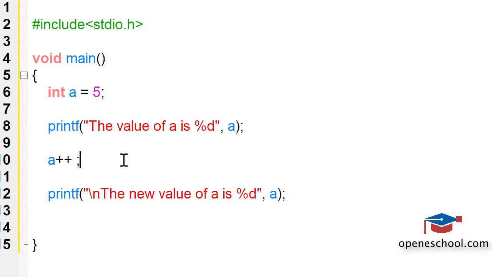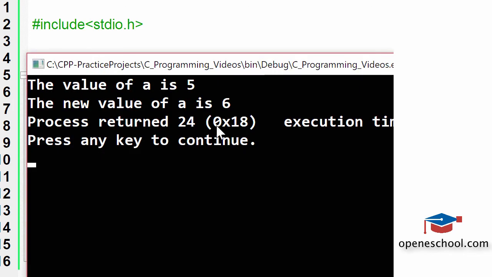The plus plus symbol stands for increment. So it knows what type of variable it is working with, and it will automatically increase the value of that variable by 1 unit. If it is a number, it will increase it by 1, which will give us the next number. Let's see the output of this program.